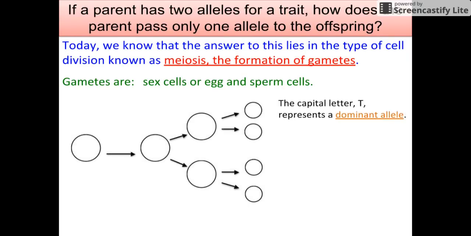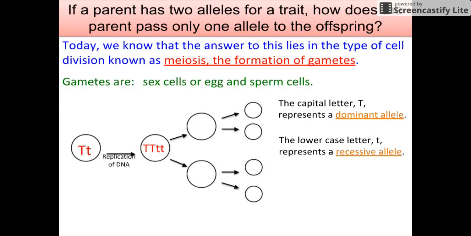And you should recognize this picture. The letter T is going to represent our dominant allele, and lowercase t is going to represent our recessive allele. So the germ cell right here, which has both copies after replication of DNA, now has 2 copies. This is meiosis 1.